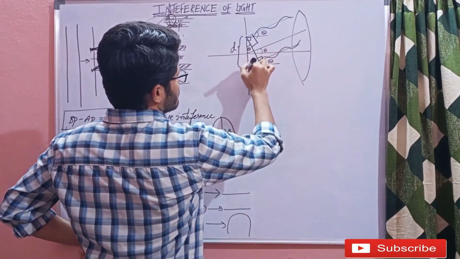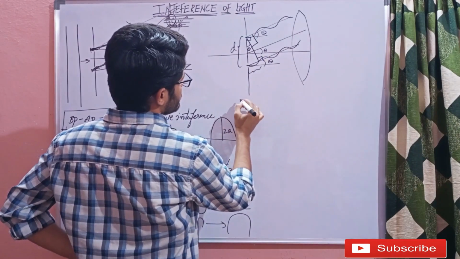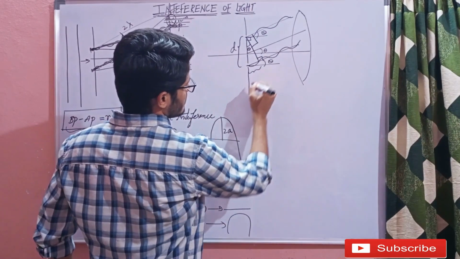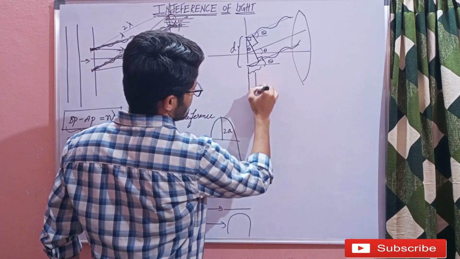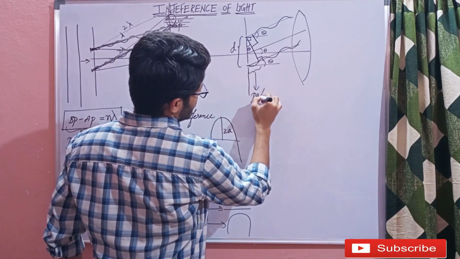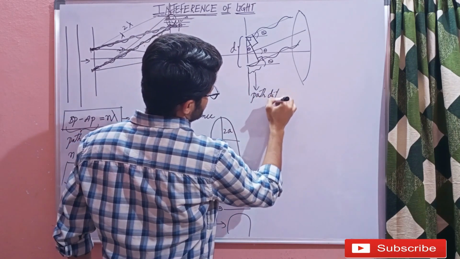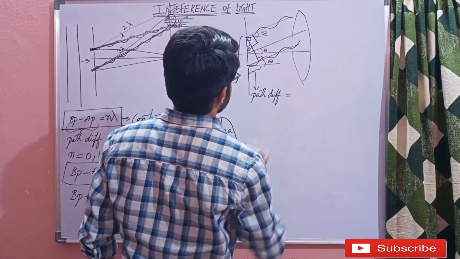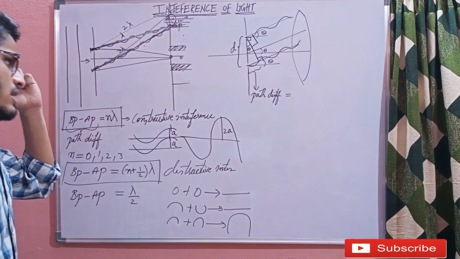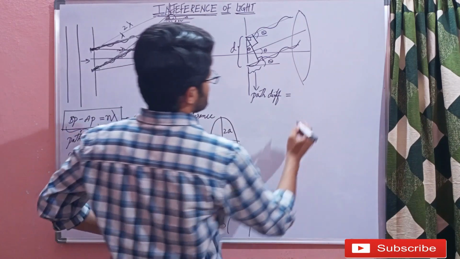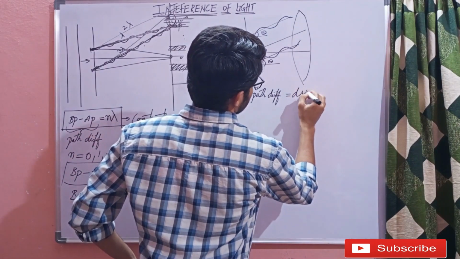Okay, now from this triangle we can write the path difference can be written as d sine theta.